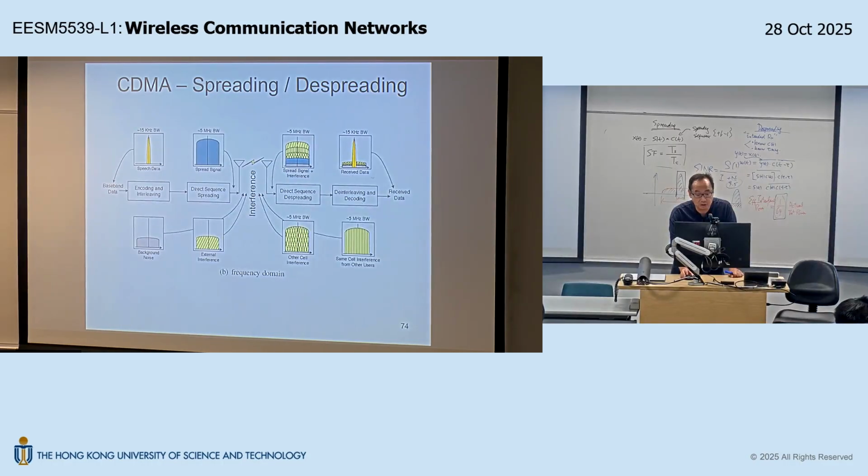Because with despreading, you selectively reconstruct the good term and you do not change the bad terms. And that reveals an opportunity for filtering. And that's why you can get the interference suppression.